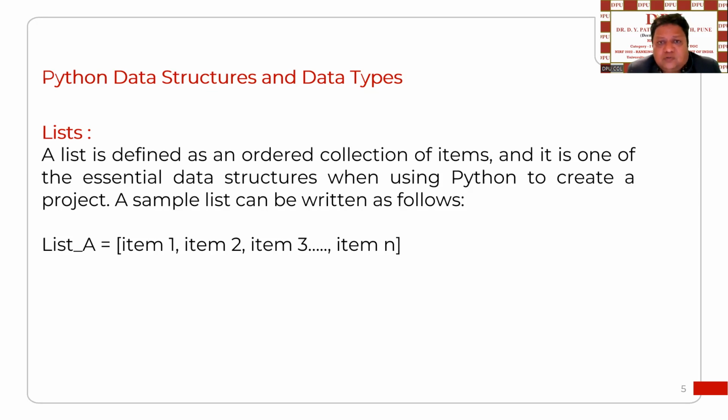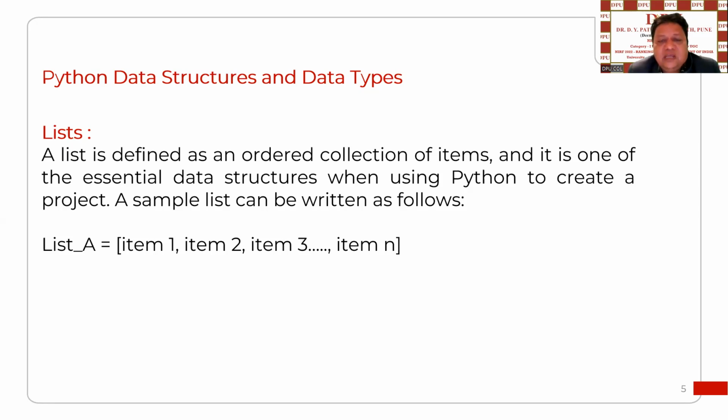But if I want to store different values, for example the student name, student ID, phone number, marks, address, and email ID in one place, then primary data types are not that useful. That's why we can use either a list, a set, a tuple, or a dictionary.